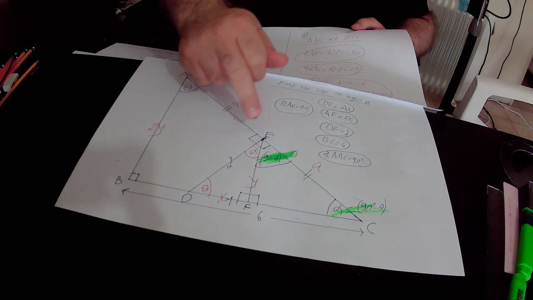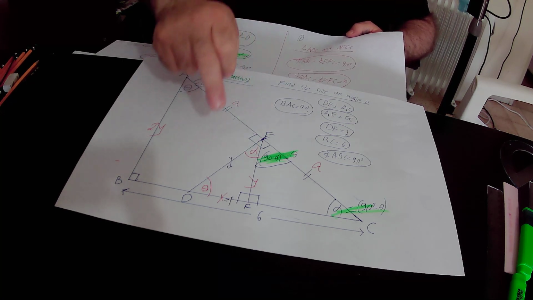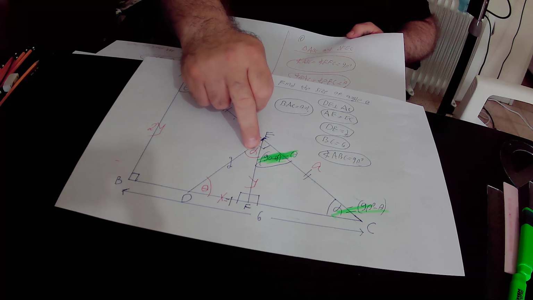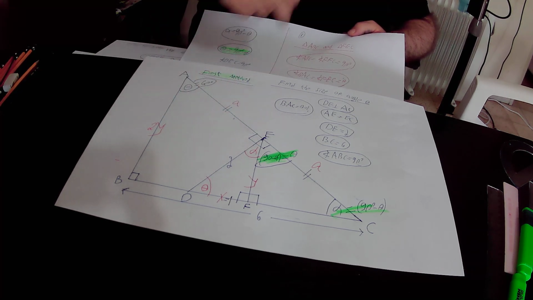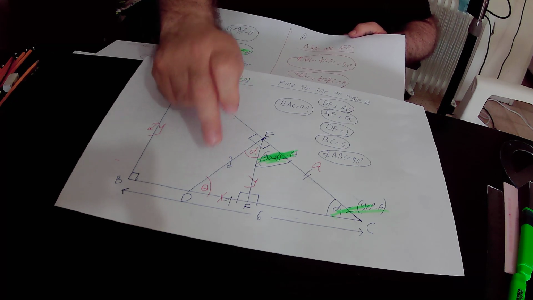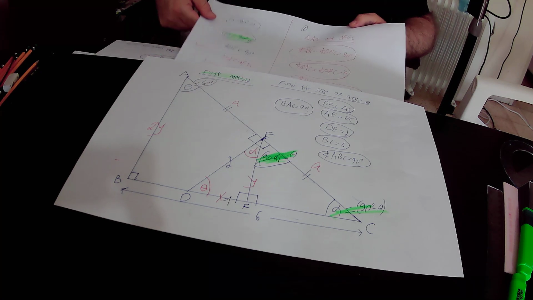So the missing angle DEF equals alpha. So in the right triangle DEF, if this angle equals alpha, this angle must be equal to 90 degrees minus alpha in order to complete the sum of the angles in this right triangle to 180 degrees.